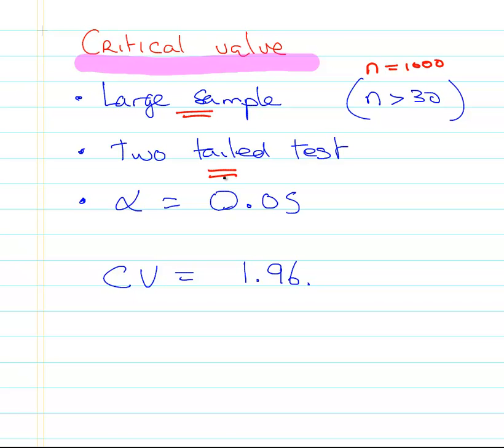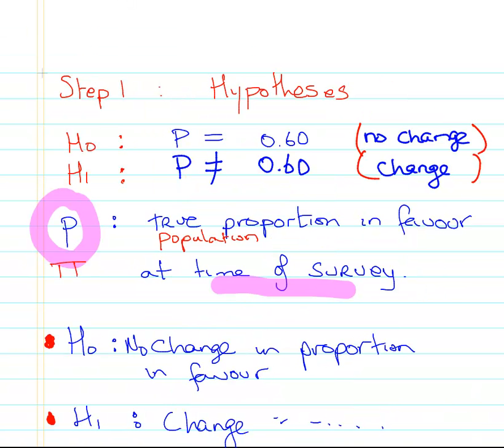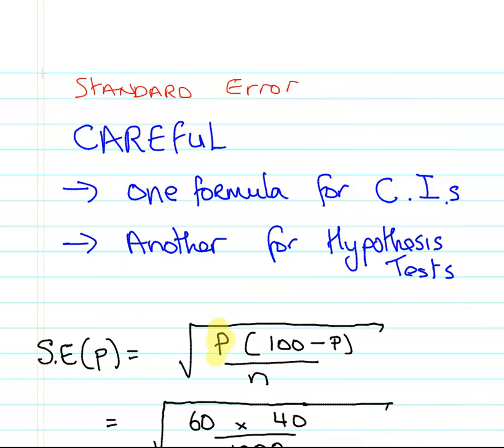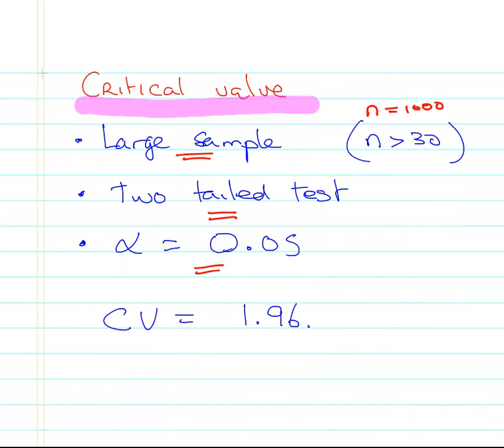Now it's a two-tailed test, and we're told earlier on that the significance value is 0.05. Just as a remark, is it a two-tailed test? Let's go back here. Equals, not equals, that's a two-tailed test. So if you have equals versus not equals in your hypotheses, that's a two-tailed test. So the critical value is 1.96. That's the usual critical value for a lot of these procedures.